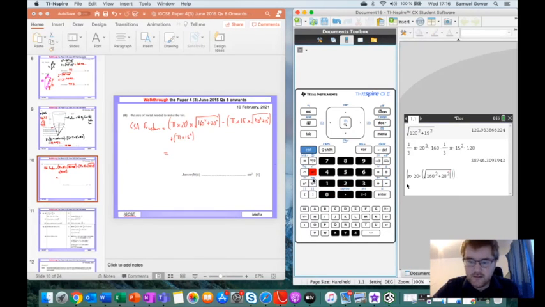20 squared, we're going to close that bracket, and I'm going to close that bracket again. Making sure everything is as it should be bracket-wise, good, and then minus, we'll do a similar calculation now.